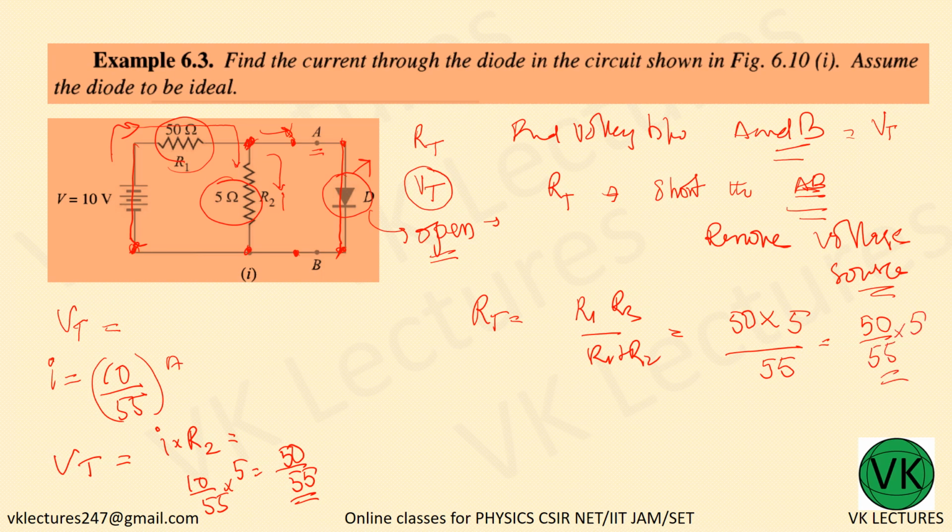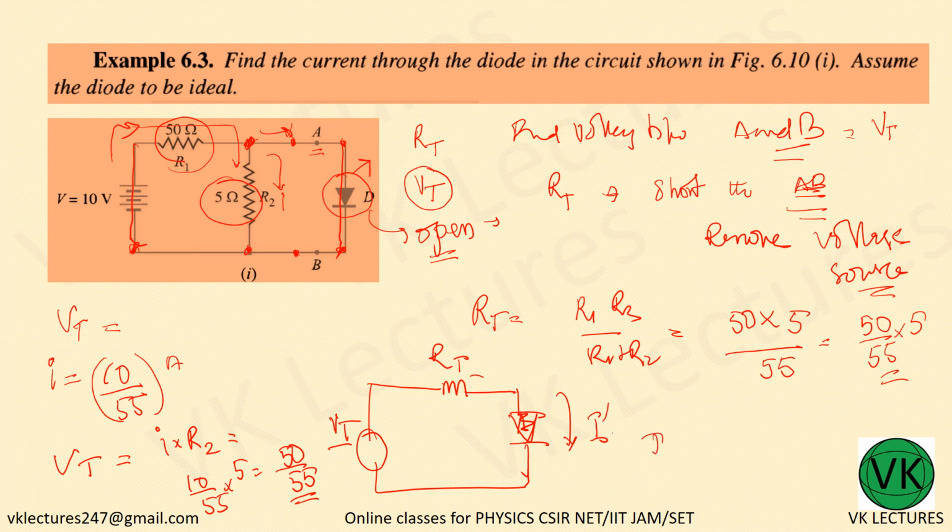Now how will our equivalent circuit be? You have a voltage source of Vt, then you have a resistance RT, and you have a diode. If it is an output voltage, it would be the load resistance. Here it is a diode. Now Vt by RT will give you the current. If you want, you can write I dash. What is I dash?